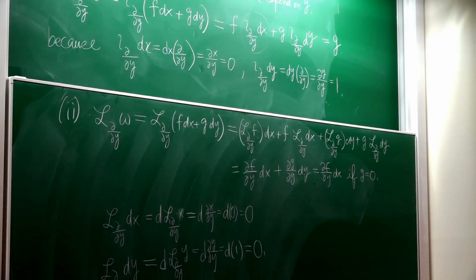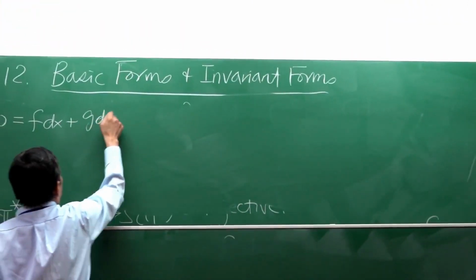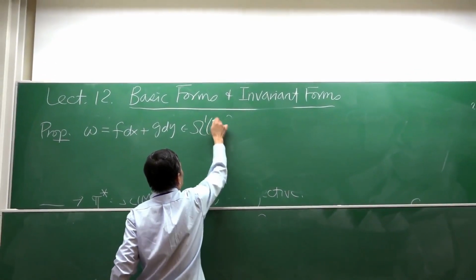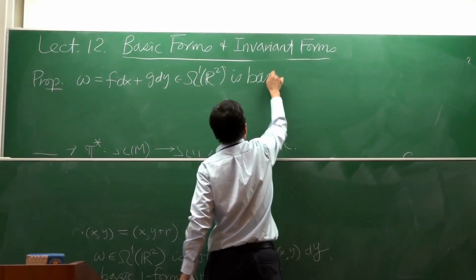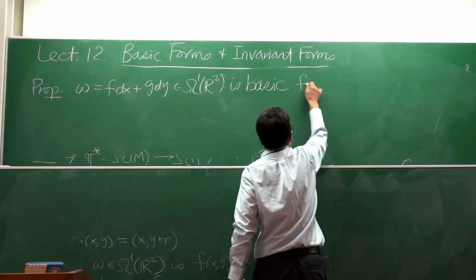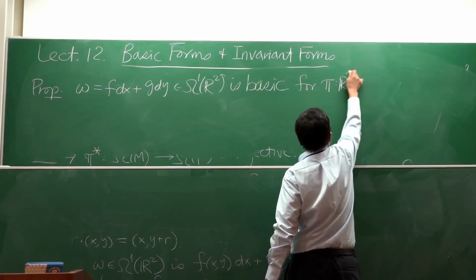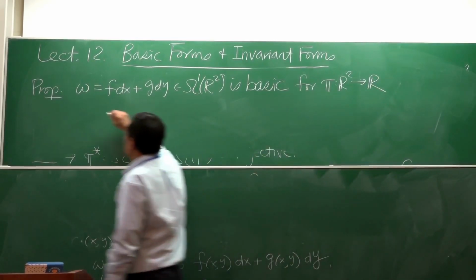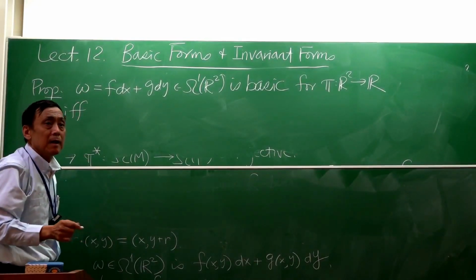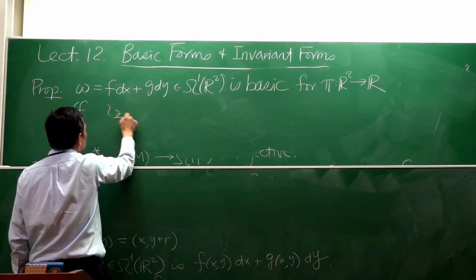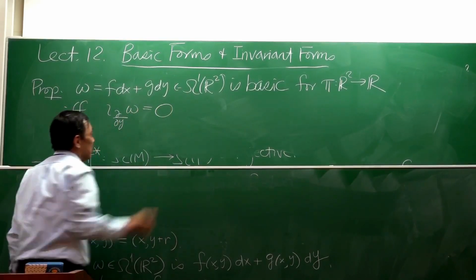So now I have this result. Proposition: omega equals f dx plus g dy, which is a one form on R2, is basic for this principal bundle if and only if the interior multiplication is 0.